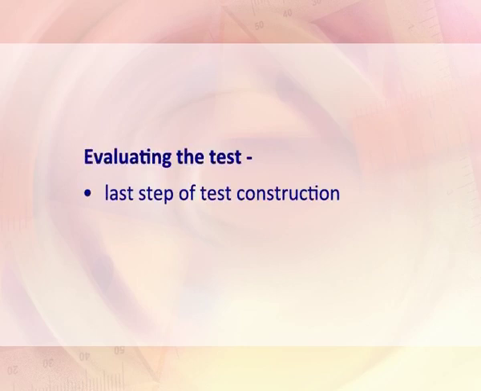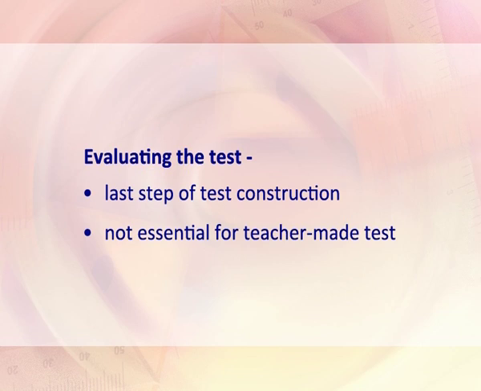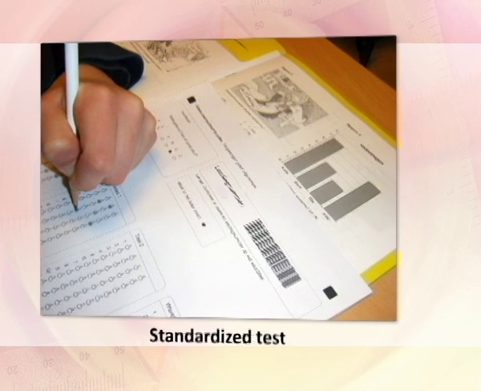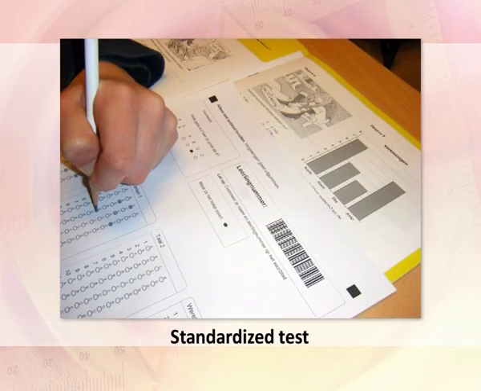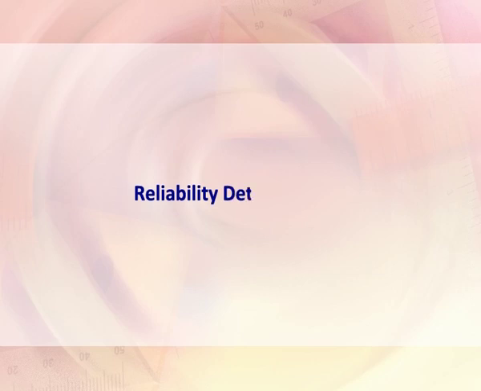The fourth step of test construction is evaluating the test. This is the last step of test construction. This step is not essential for teacher-made tests, but in case of standardized tests, this step should be followed. In this step, a particular process should be adopted. First, the reliability determination.